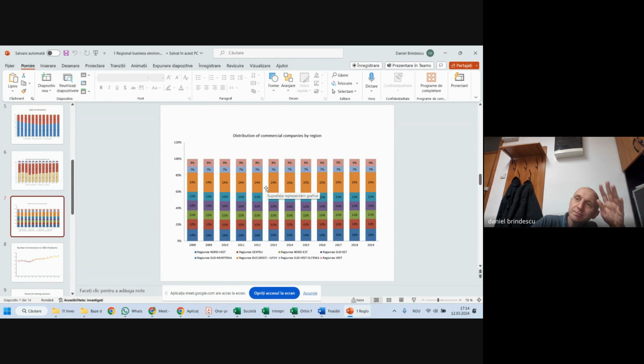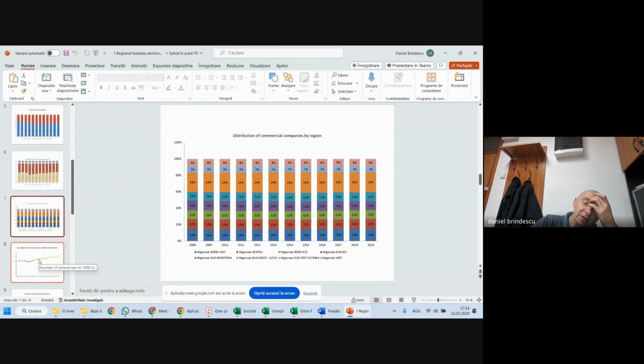So the ratio between the number of the companies and the volume of the population is a bit lower than the national average here in the western region, although the western region is amongst the more developed regions of Romania.